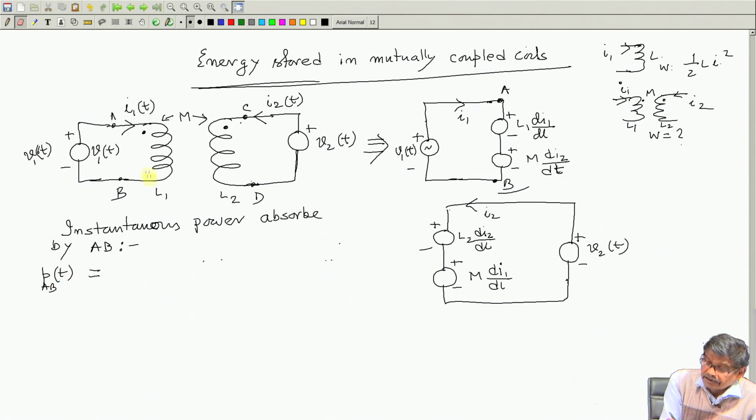Instantaneous power absorbed by AB will be the voltage V_AB, which happens to be equal to V1(t). I can write that, but I know now in terms of L1, L2 I have to find out.